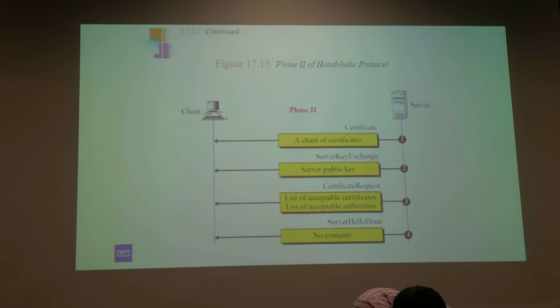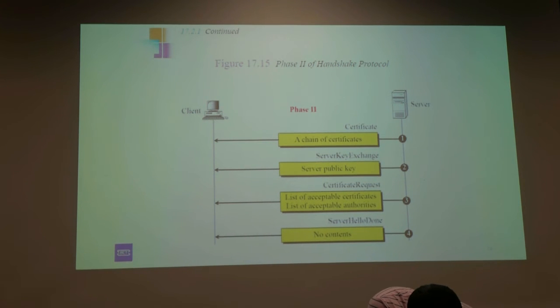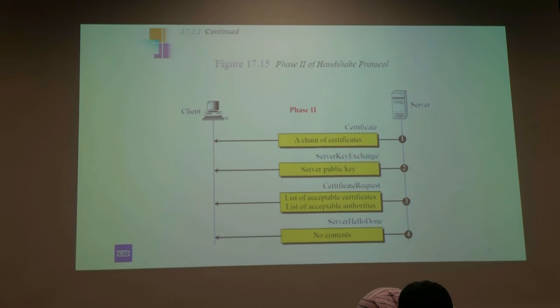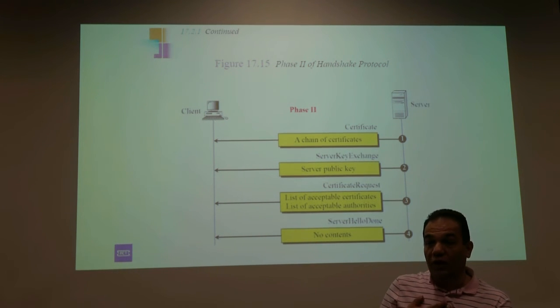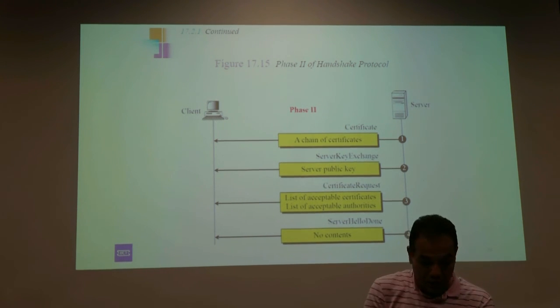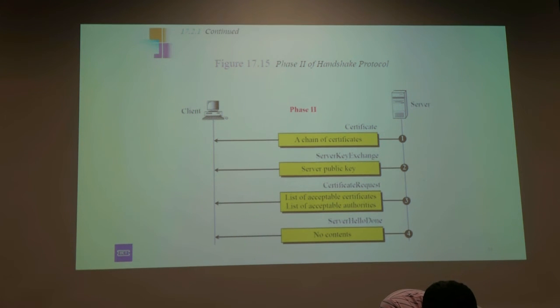Again, the server sends the certificate. It is required that the server sends a certificate message to authenticate itself to the client. The message includes a list of certificates of type X.509. The certificate is not needed if the key exchange algorithm is anonymous Diffie-Hellman.